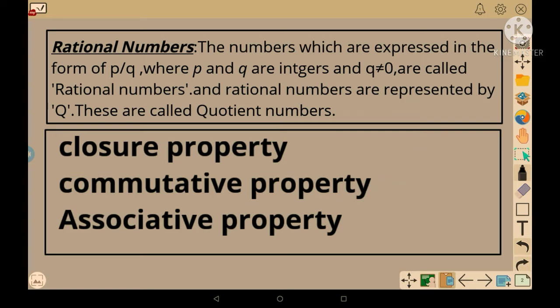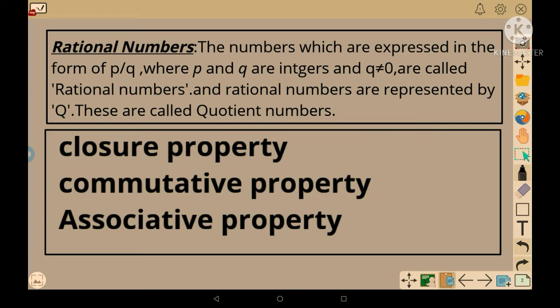So p is an integer, q is also an integer, but p can be 0, because if we have 0 up and 3 down, it is defined correctly. But if we have 3 up and 0 down, it cannot be defined. You have understood, right?